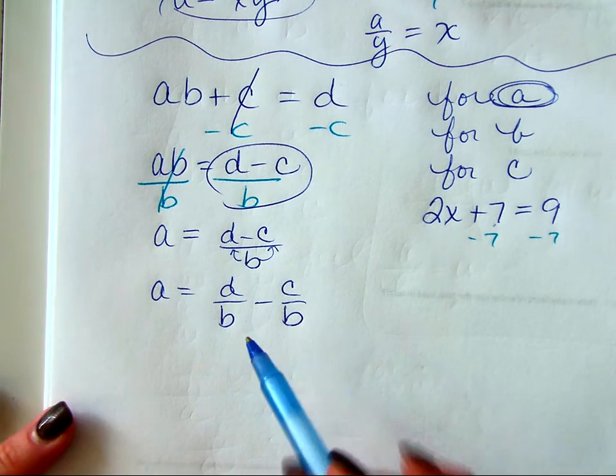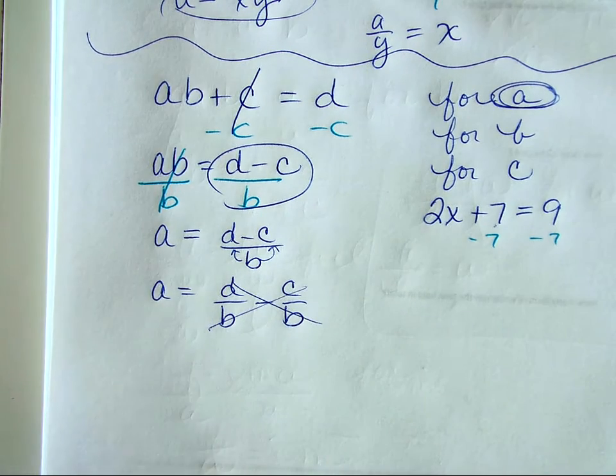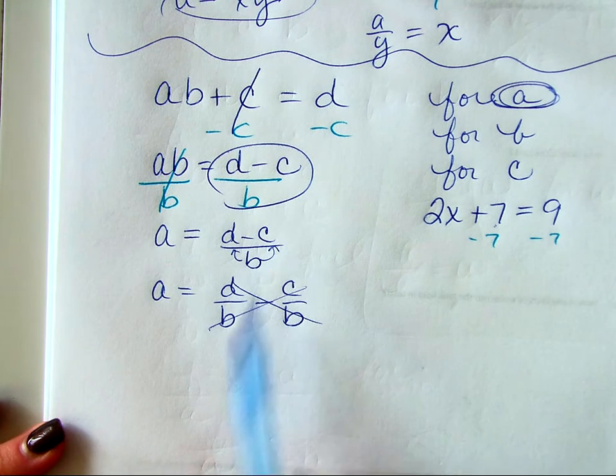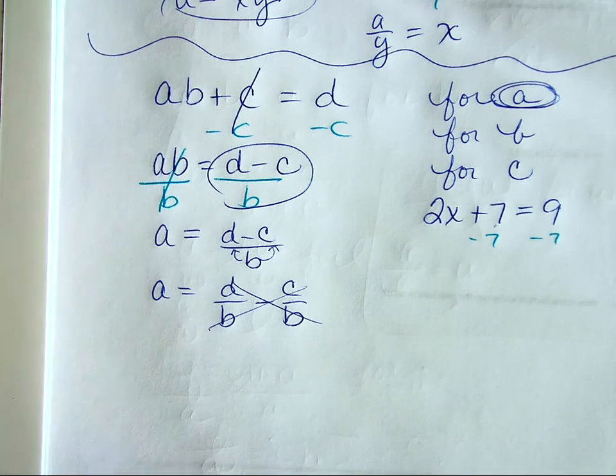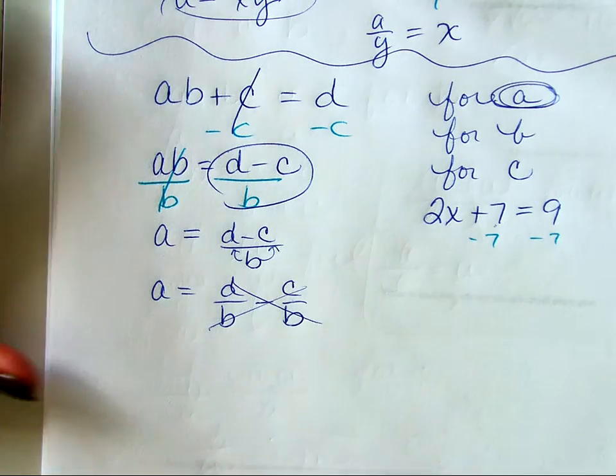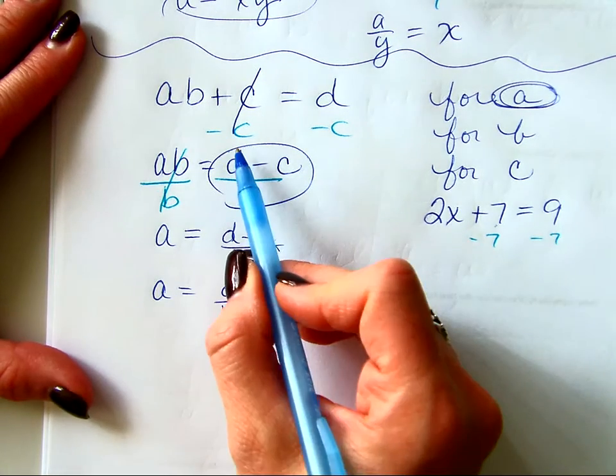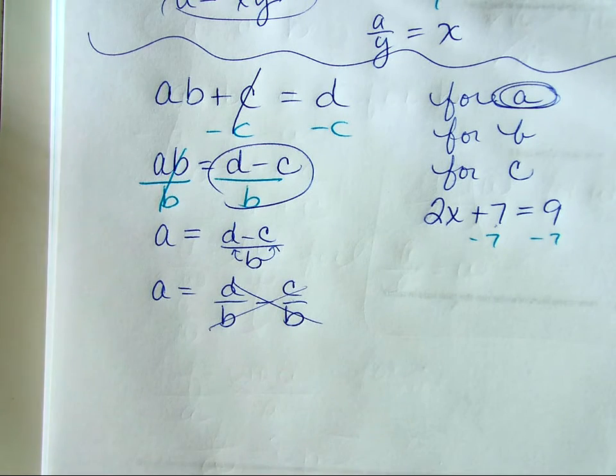You probably won't see the answer like that very often. It'll mostly just be like that. But this is helpful to know for when we get to our next problem. Everybody okay with that? So if I were to solve for B, wouldn't I do the exact same thing except just divide by A instead? Do we need to do that one? Nah. Let's solve it for C though.